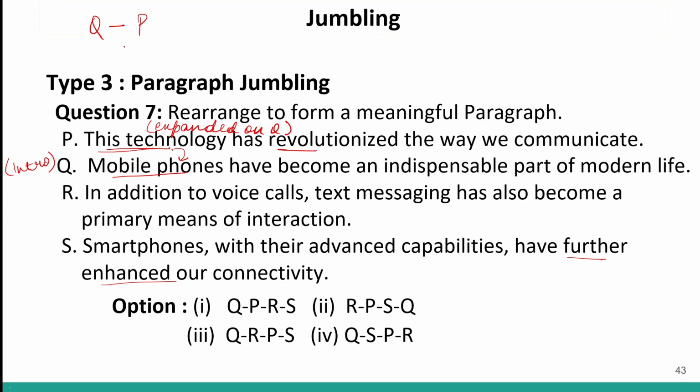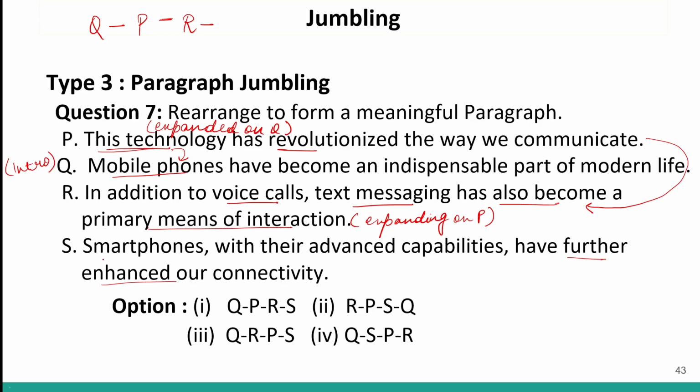So P is expanding on Q. So after Q, we'll get P. Now, how did we revolutionize the communication? So, in addition to voice calls, text messaging has also become a primary means of interaction. So, I can say that R is expanding on P. Correct? So, the next statement will be R.